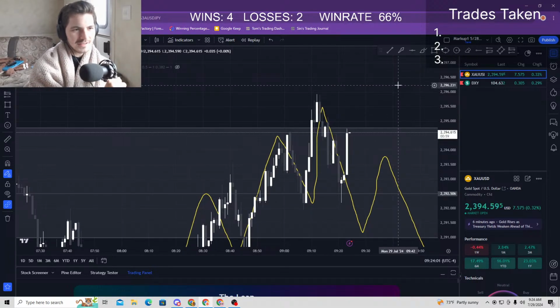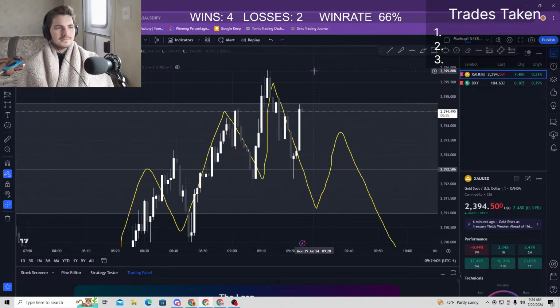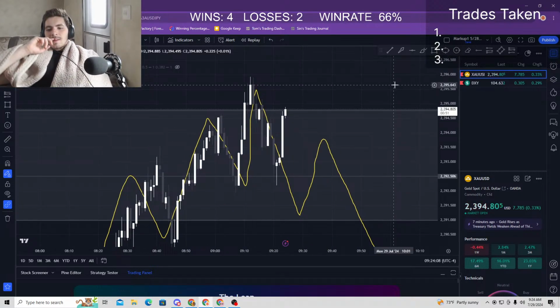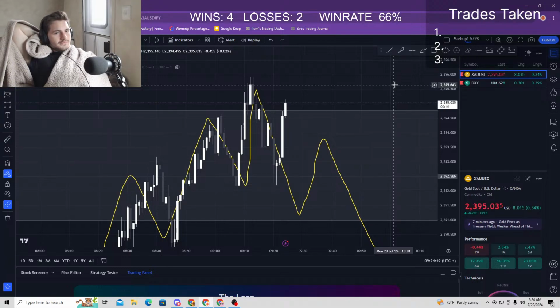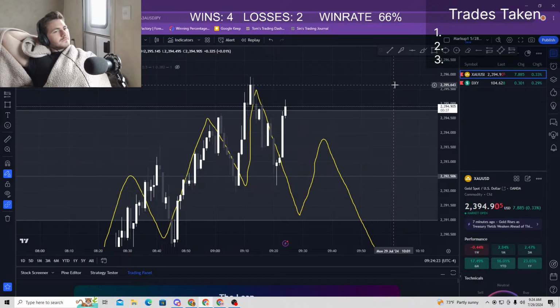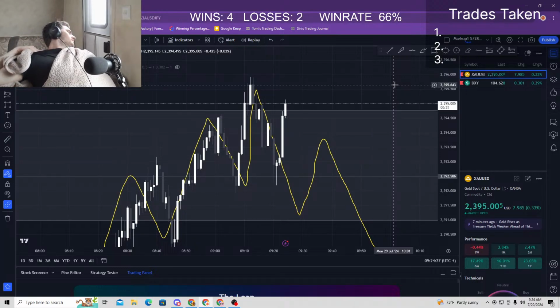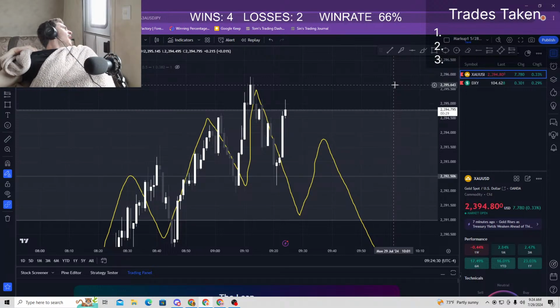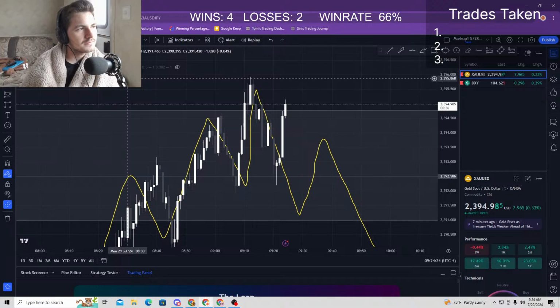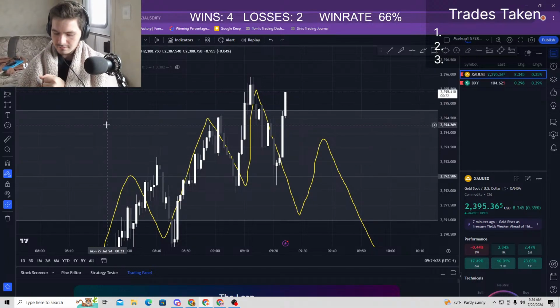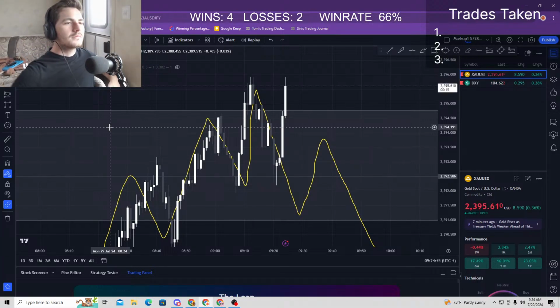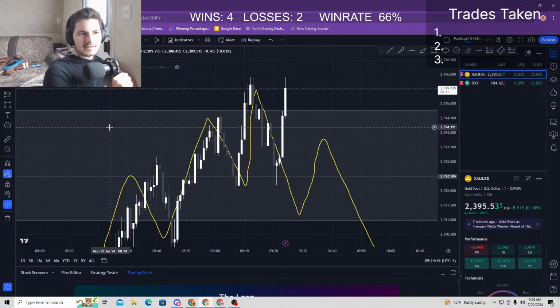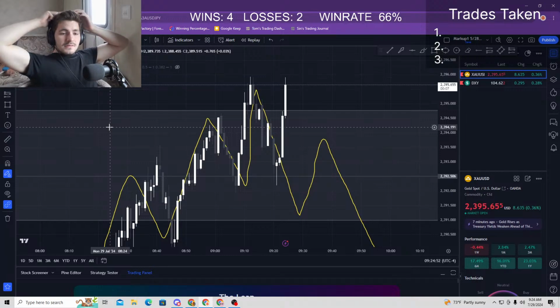Ah, such an ugly 1-minute candle. I guess if it breaks highs, we can still technically get a type 3 potentially. We just don't have much time to do it.